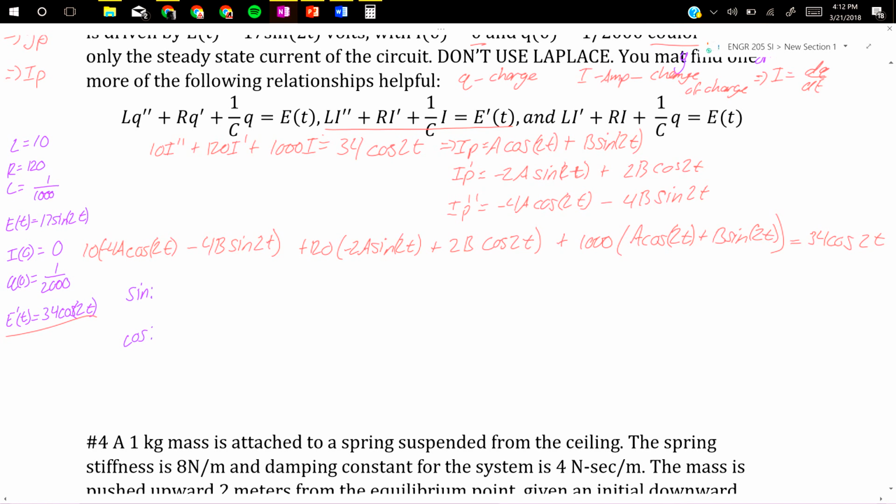My sine equation I'm going to do first, so I'm going to take my number, so 10 times whatever is to our sine, so we have negative 4b here. So I have negative 40b for my first term, dealing with sine, plus 120 times negative 2a, so it's going to be minus 240a, and then lastly we have 1,000 times b sine 2t, so we have plus 1,000b.